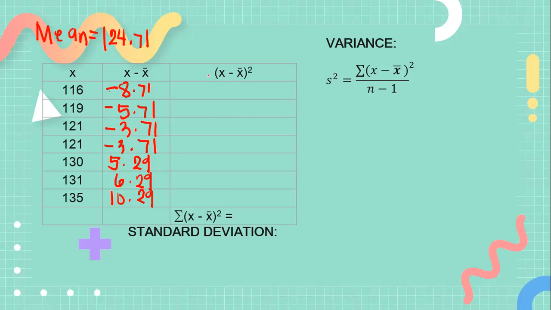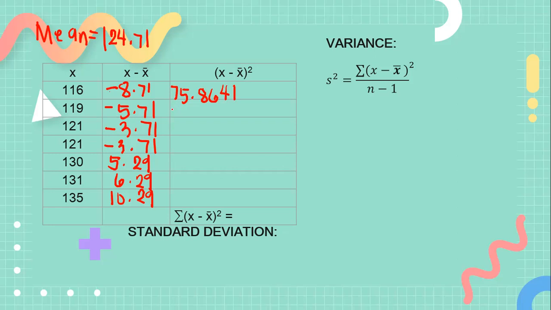So the quantity of x minus the mean squared. So we square these values, class. Negative 8.71 times negative 8.71. What is it, class? Okay, it's 75.8641.